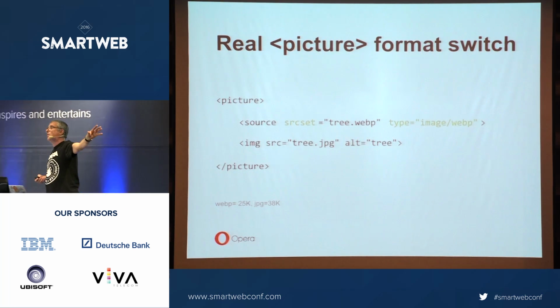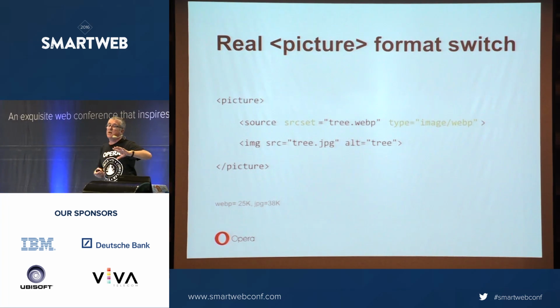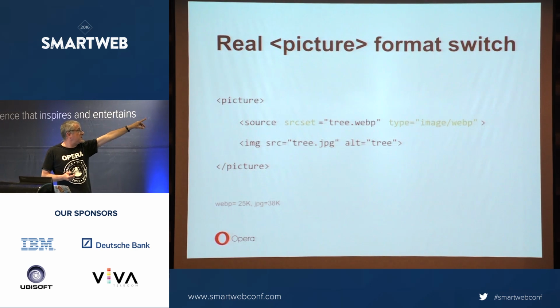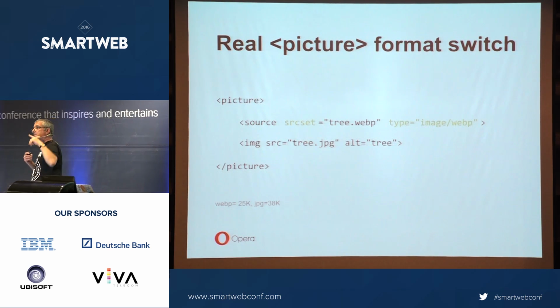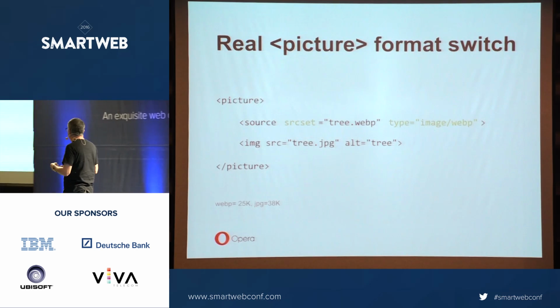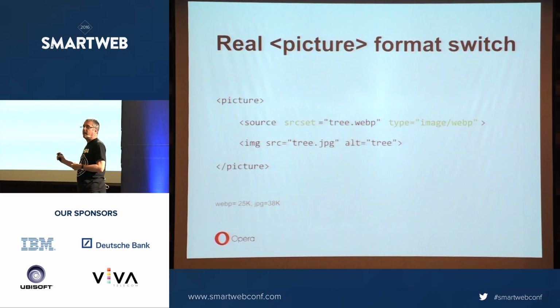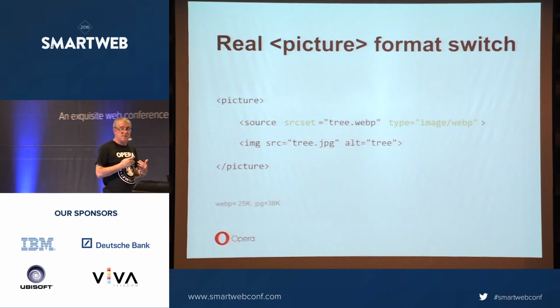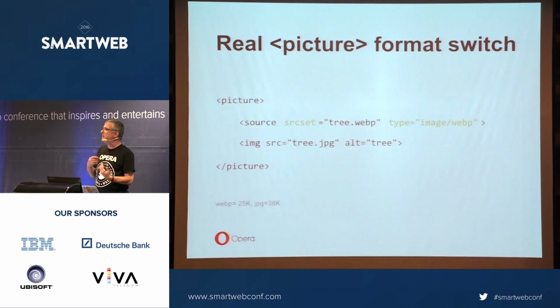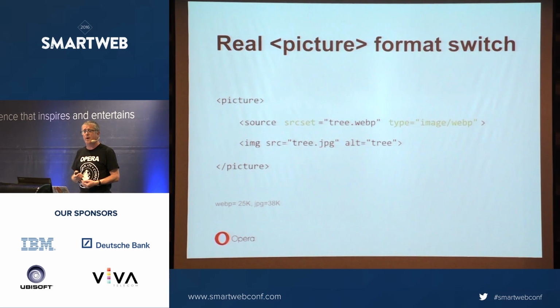If Safari or the latest Firefox sees this, it will see the source element, but it knows that it doesn't know how to decode WebP, and it will fall back to the JPEG. But if a browser that does understand WebP sees this, it will grab the WebP, and there will be a significant size saving there. And I'm going to give you some real numbers from real websites in a bit.